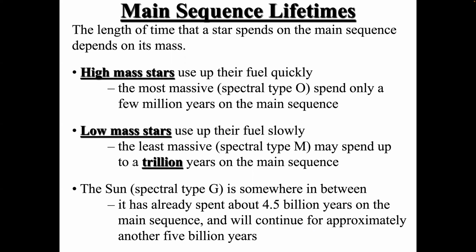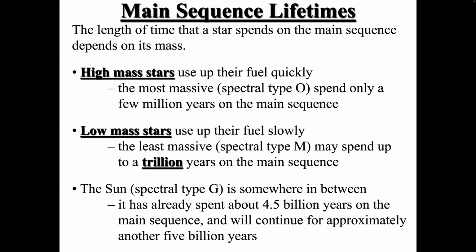So they will quickly increase their central temperature, which will lead to rapid burning of hydrogen into helium. And because of that, high mass stars use up their fuel very quickly. These most massive stars, such as spectral type O stars, will spend only a few million years on the main sequence.